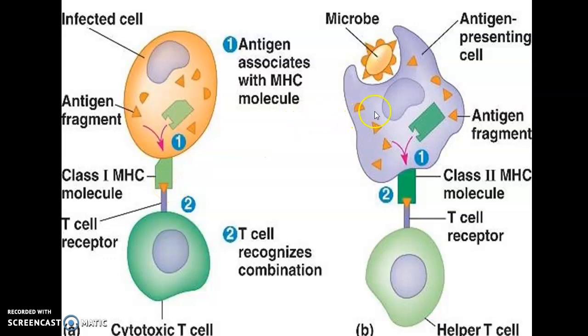In the next case, the microbe is ingested, engulfed and degraded into fragments. That fragment is presented by the MHC class 2 molecule and will only be recognized by the helper T cells. So that is the difference between class 1 and 2.